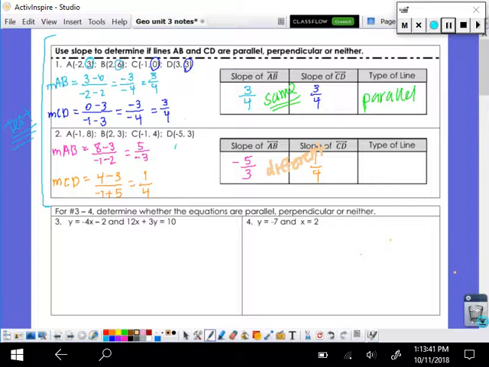I got negative 5/3 and 1/4. So those are neither parallel nor perpendicular. So that'll be neither. I also don't know why my pen got so thick there.